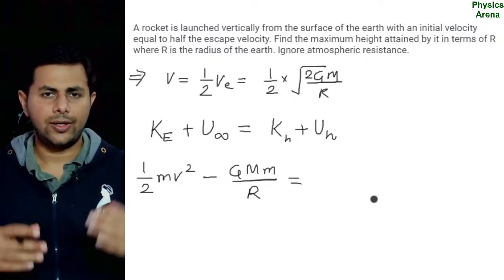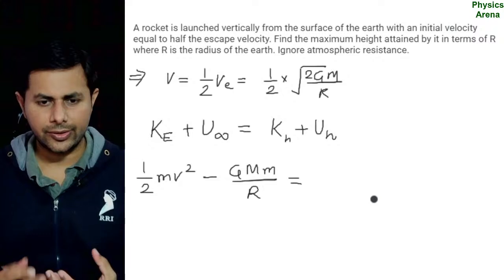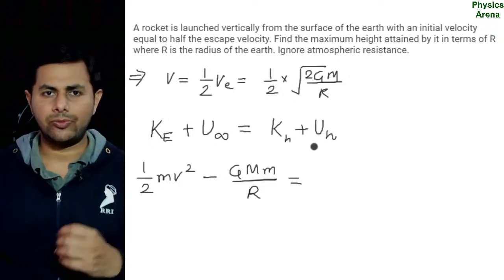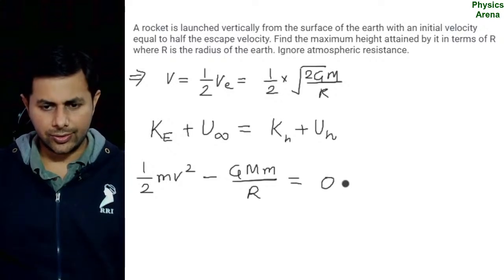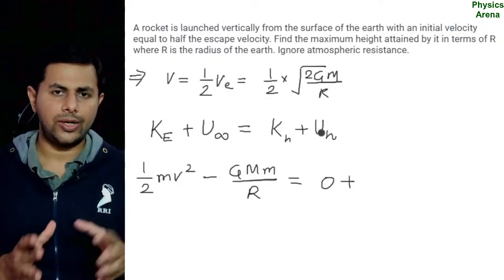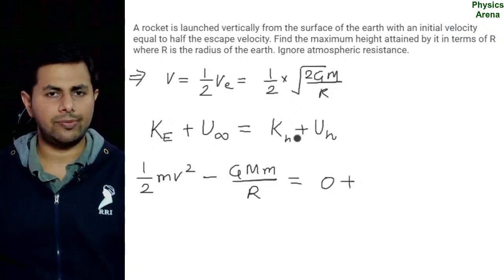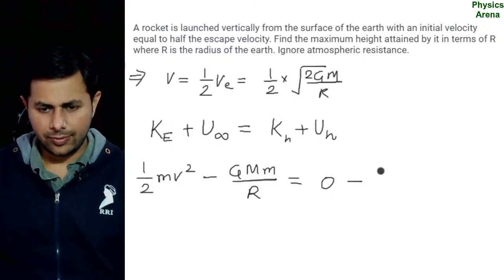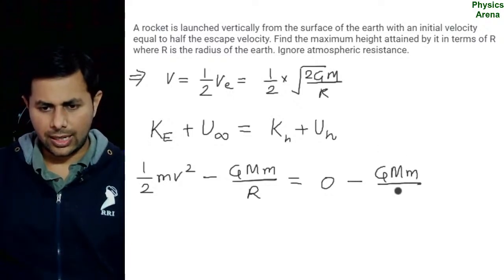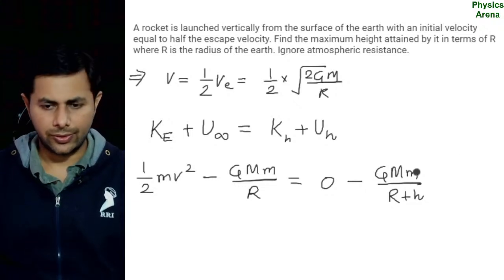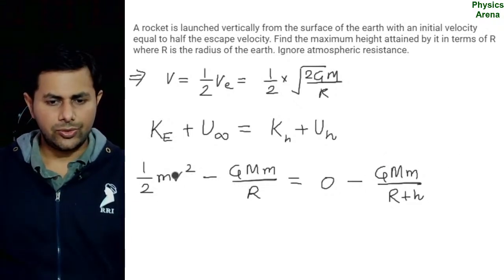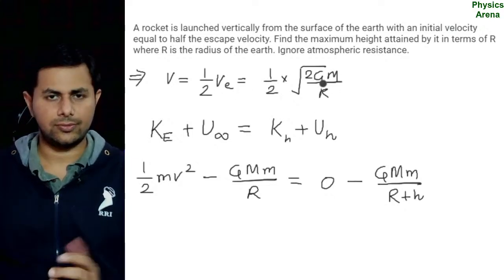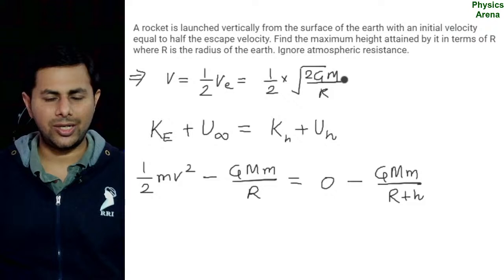We are asked at what maximum height the rocket will reach. So the kinetic energy at maximum height will become 0. So this is 0 plus the potential energy at h, which is minus GMm over r plus h. The distance will become r plus h now. Let's substitute for this v. v is half of the escape velocity, and now you can guess why I have written this formula.